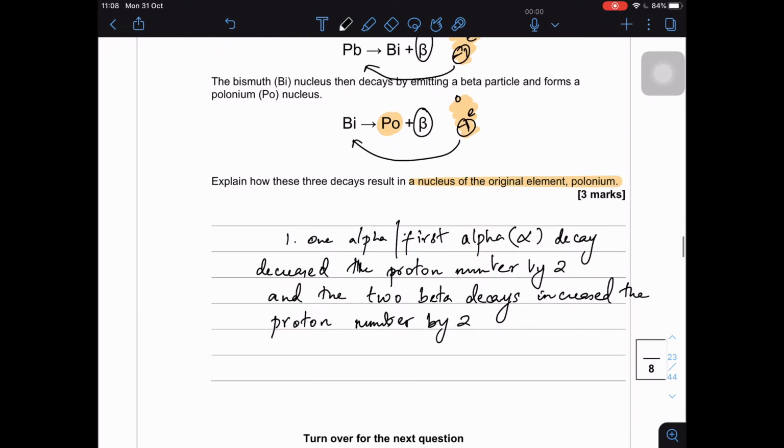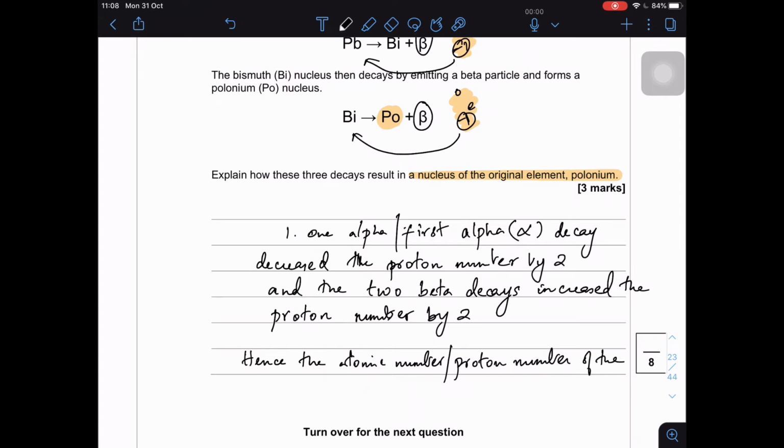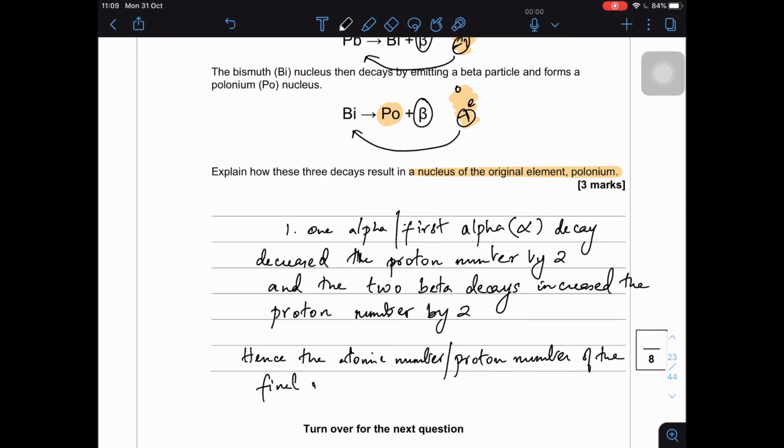All right, hence the atomic number, remember atomic number and the proton number is the same, of the final nucleus is the same as the original nucleus.